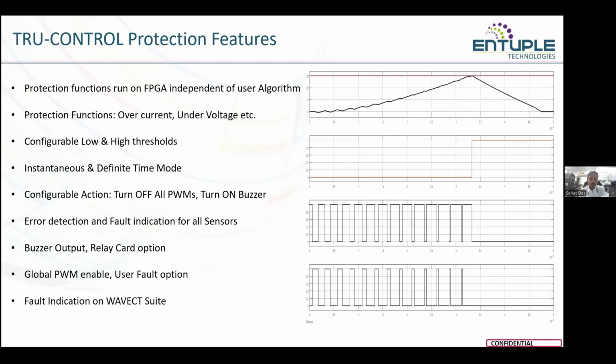If a fault happens at the PWM end, where both the top PWM and low PWM are simultaneously turned on, it can damage our converters. At that time the controller automatically detects the PWM level and turns off the PWMs, and from the controller you will get a buzzer sound.